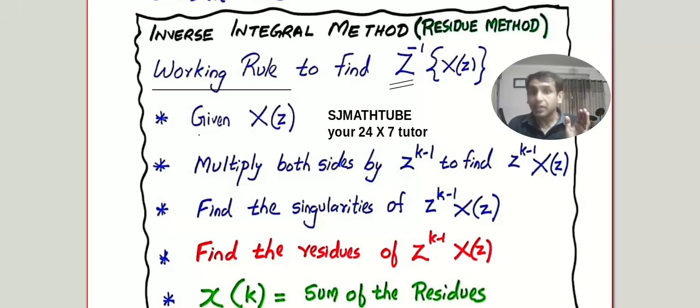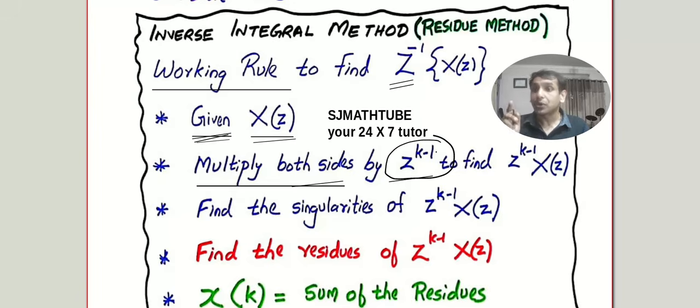Anyway, the given function is, we are taking Z inverse, right? So the given function will be a function in Z. You can denote it by capital F of Z, you can denote it by capital X of Z unless it is given. Now what you do is multiply both sides by Z to the power k minus 1. Come on, do you remember?